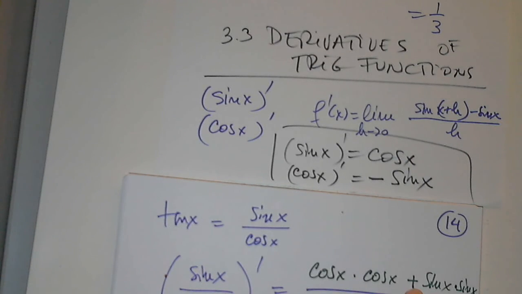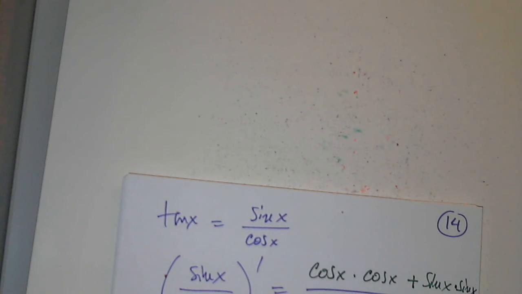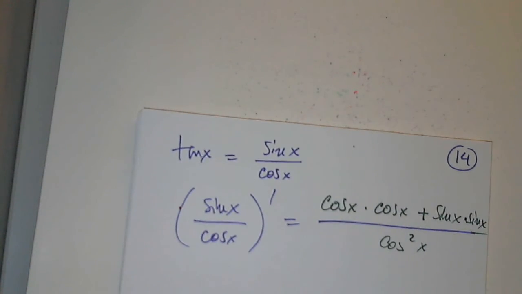Is that clear what happened with that negative in front? Because we had the negative from the formula and we had a negative from cosine prime. So can anyone tell us what we have at the top? Obviously we have cosine squared plus sine squared, and we know what that is. How much? Exactly, thank you very much.